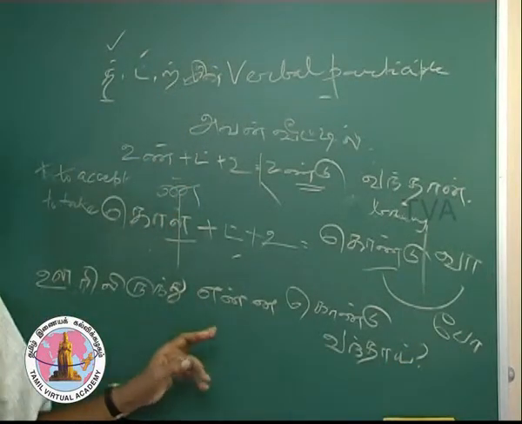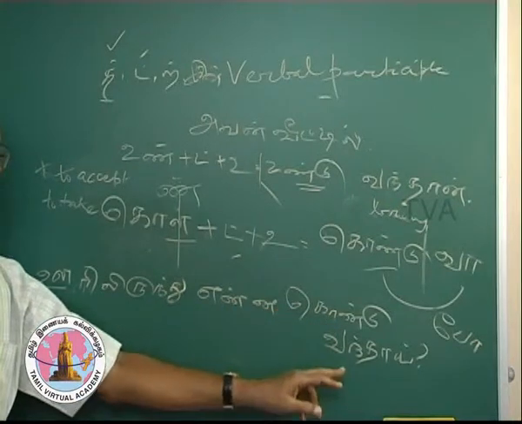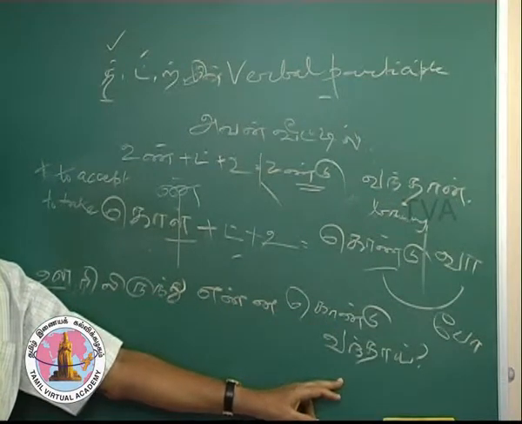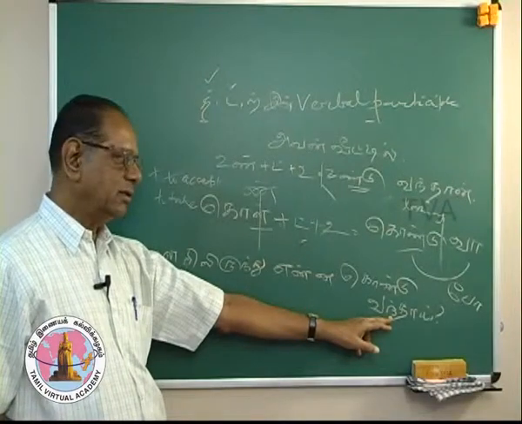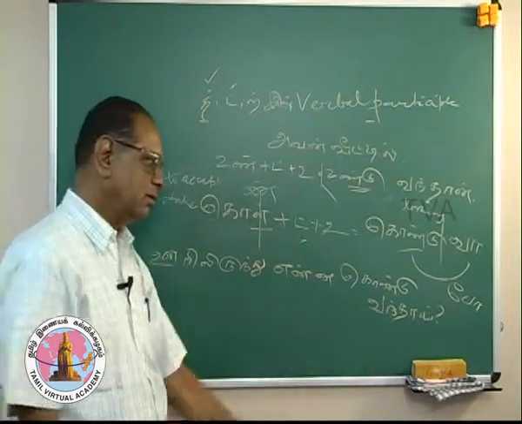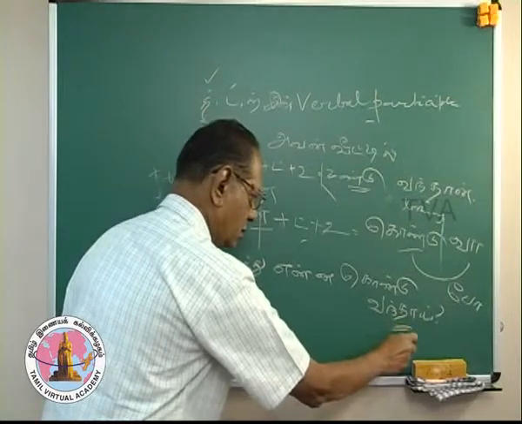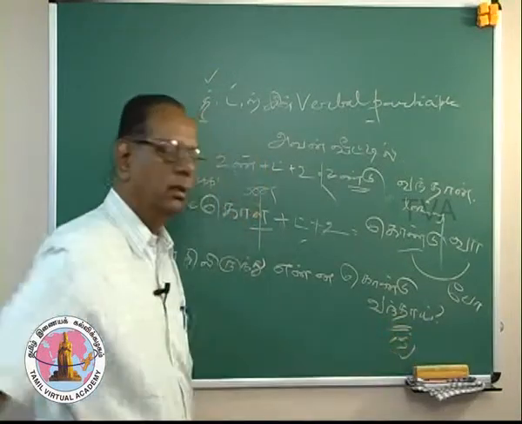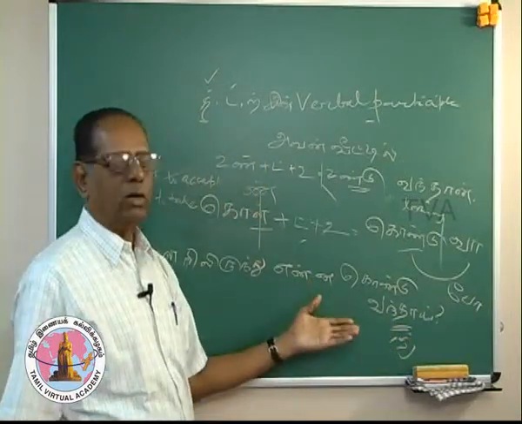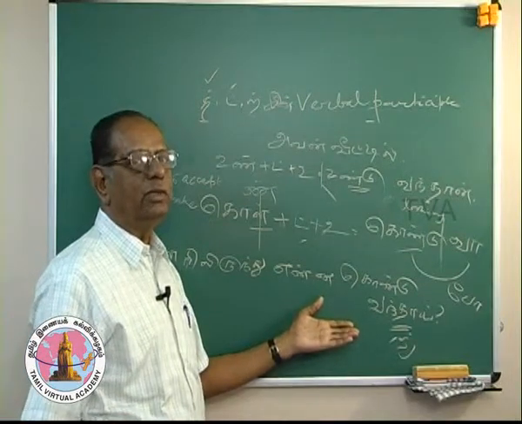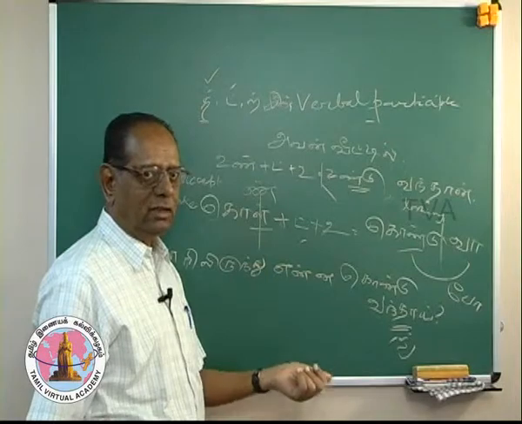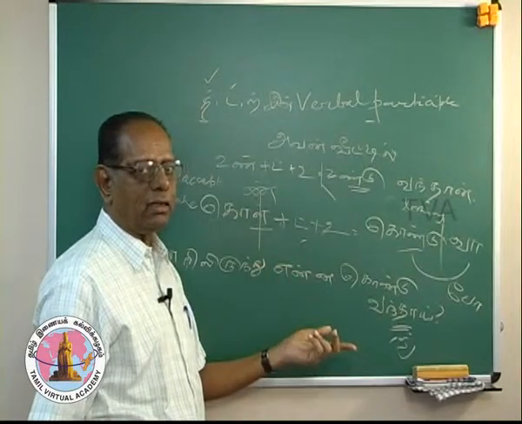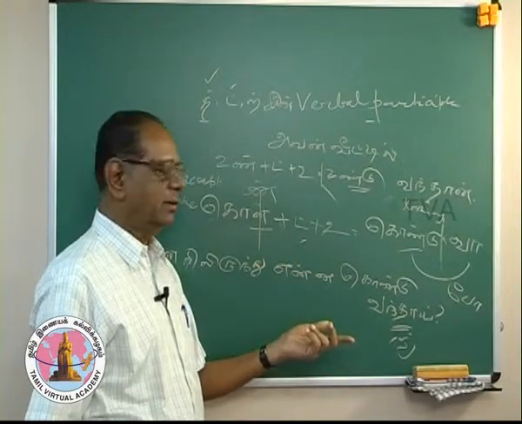ஊரிலிருந்து என்ன கொண்டு வந்தாய்? வந்தாய், what is the tense? Past tense. Once you come across a verb, you must be able to immediately find out the action in it, the tense in it, and the person marker available from that.